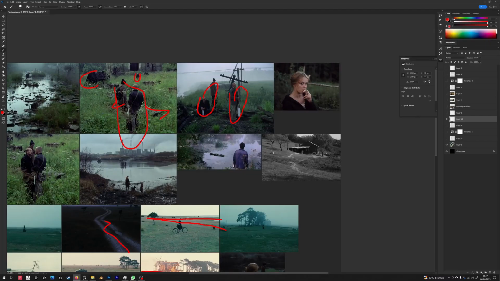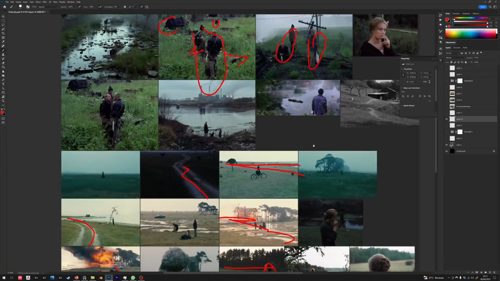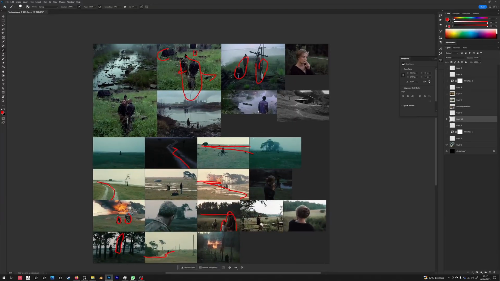But I do sketch in Blender if I have a clear image of what I want to do. I usually have a sort of composition thumbnail in my head of what I want to happen in the frame and how I want to arrange them. So I think that comes with practice.